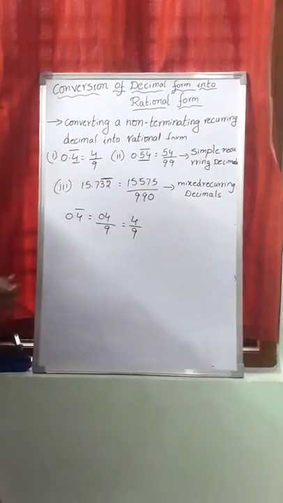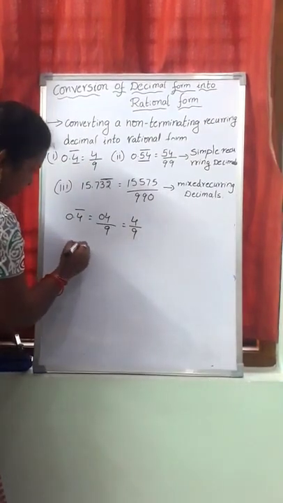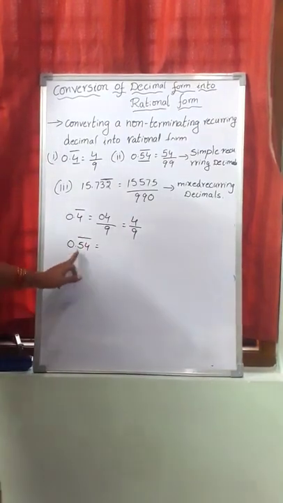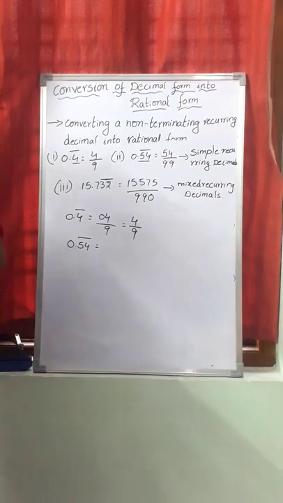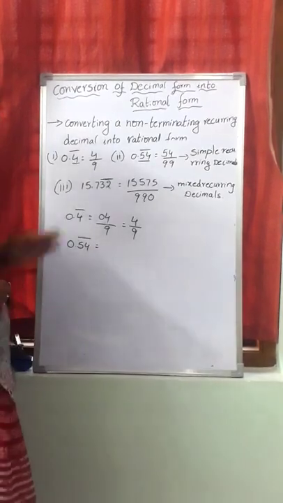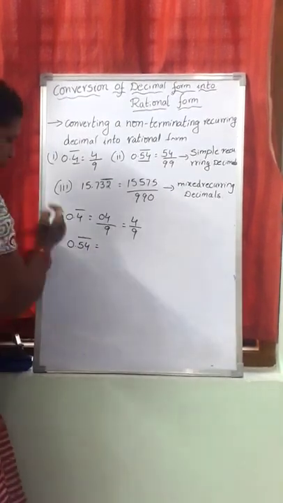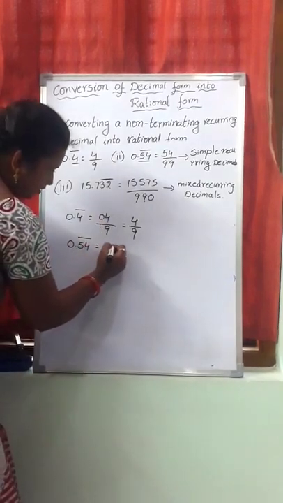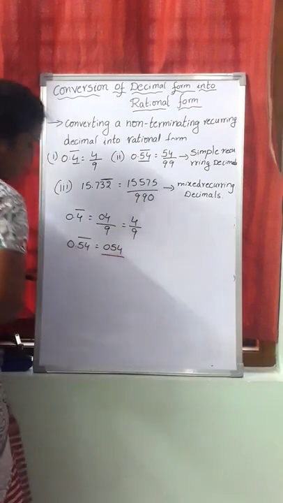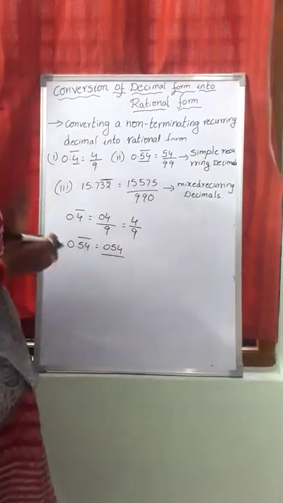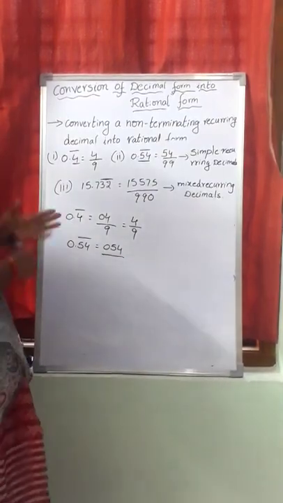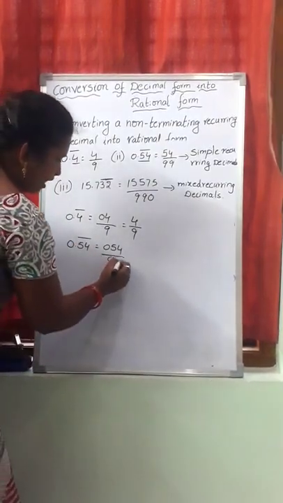Okay, got the value. Now, if you are having 0.54 bar, here in the decimal place, 2 digits are recurring. Is it correct or not? So here also, first of all, remove the decimal and also the bar, write the number 54, divided by as many 9s as the recurring places. 2 digits are recurring, so we have to write two 9s.